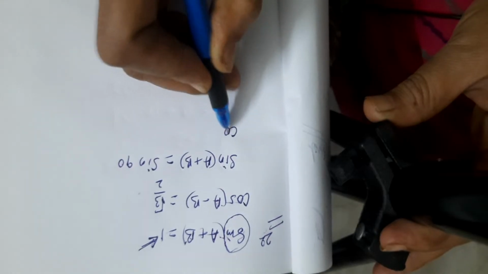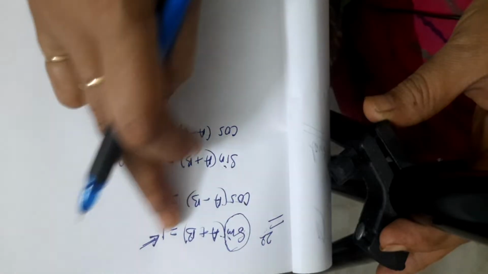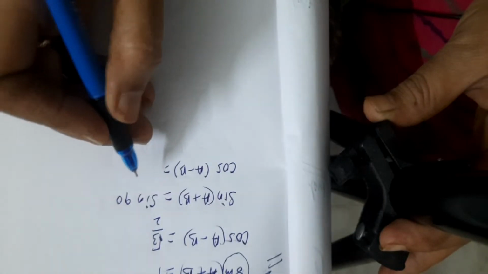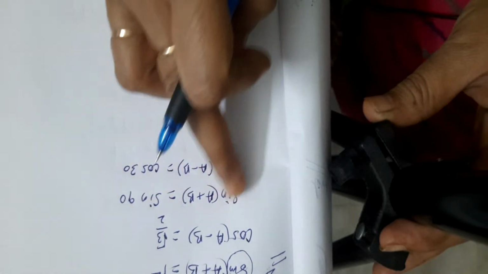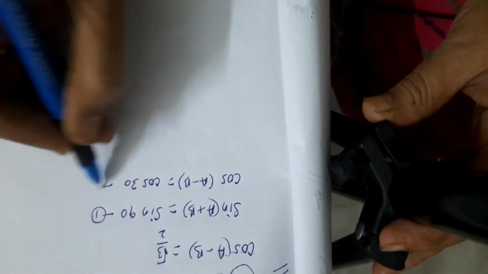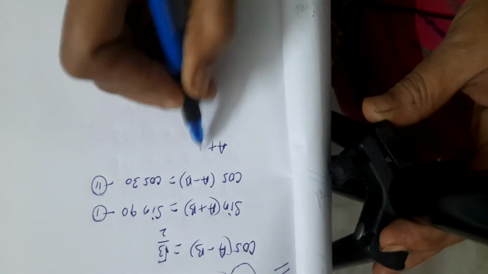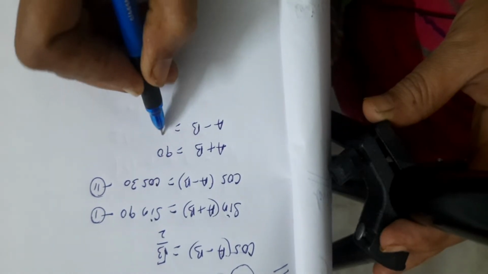And the same way, cos A minus B is root 3 by 2, which is cos 30. So we will replace it by cos 30. Now both the cos will get cancelled, both the sin will get cancelled. Thus the equations will become simple: A plus B is 90, A minus B is 30.